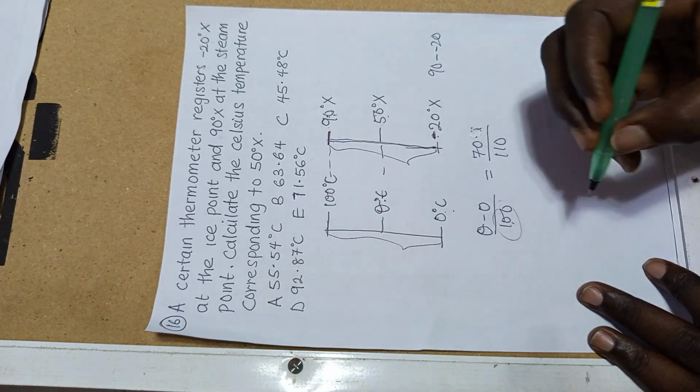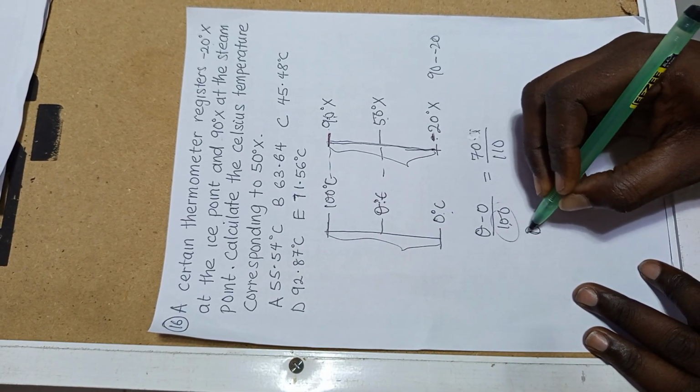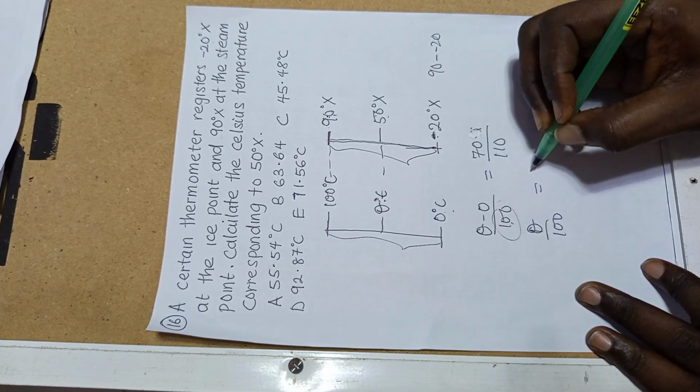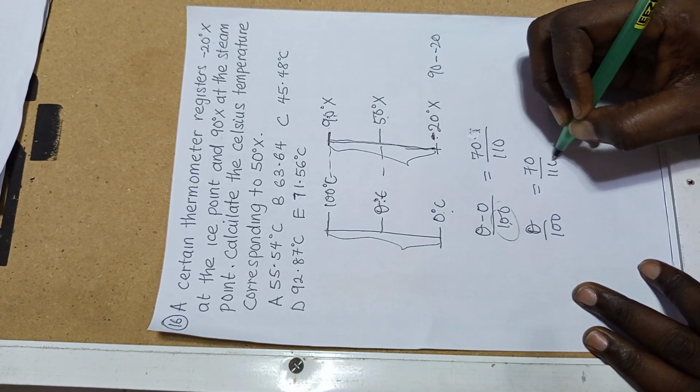So we cross multiply. Theta over 100 equals 70 over 110.